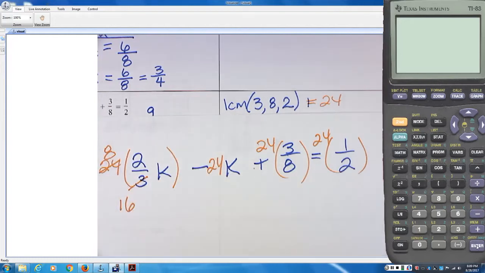Or you say 24 times 2/3, frac, and the calculator will do it for you.